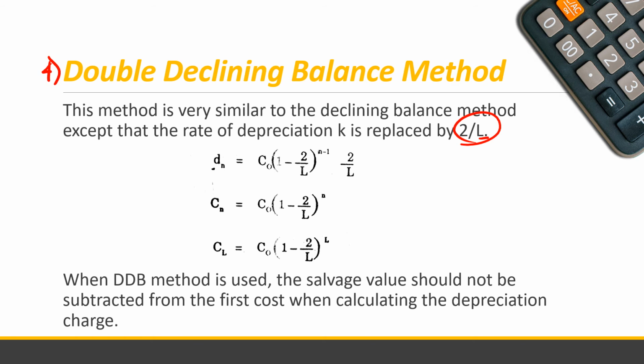So Dn is equals to C sub O times (1 minus 2 over L) to the N minus 1 times 2 over L. Cn is C sub O times (1 minus 2 over L) to the N. So, na-replace lang yung K ng 2 over L. So, CL is CO times (1 minus 2 over L) to the power of L. So, when double declining balance method is used, the salvage value should not be subtracted from the first cost when calculating depreciation charge.